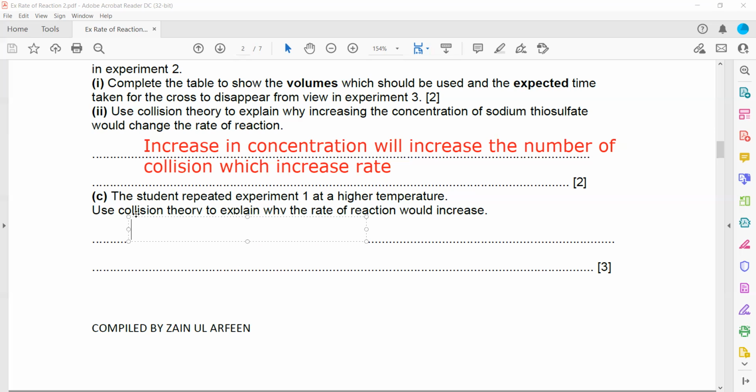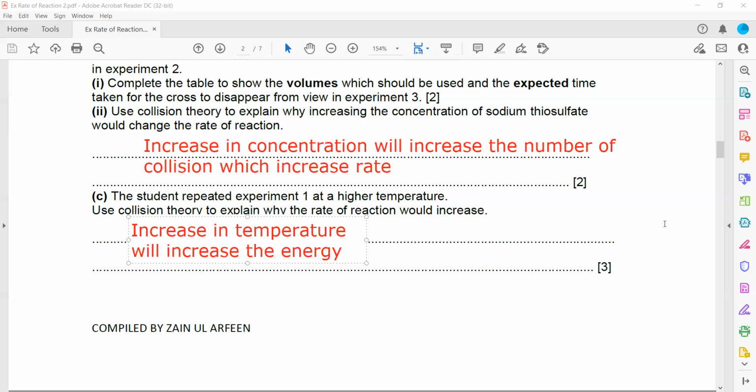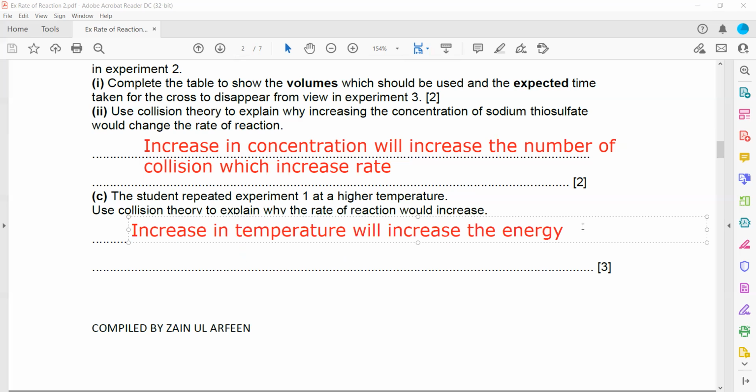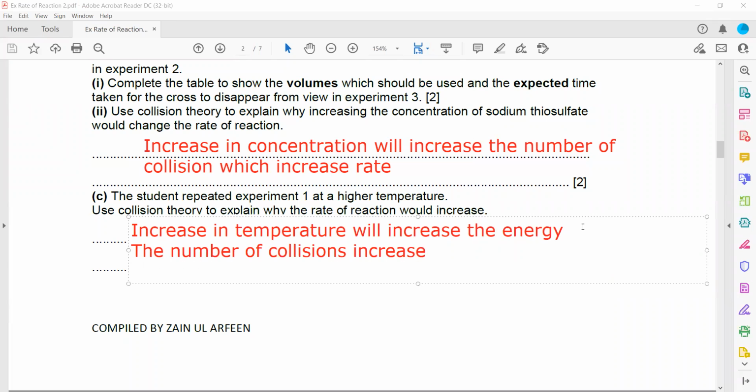Number one, you will mention that an increase in temperature will increase the energy of the particles. That's one thing. And the number of collisions will increase. And at last, what happened?